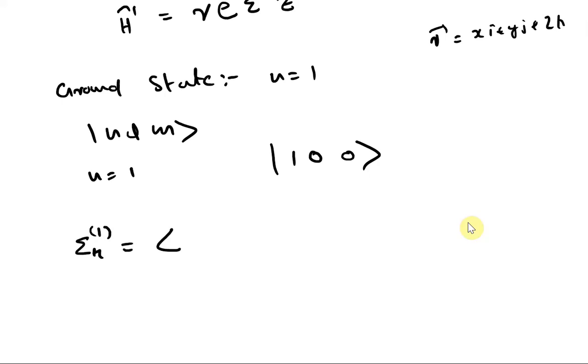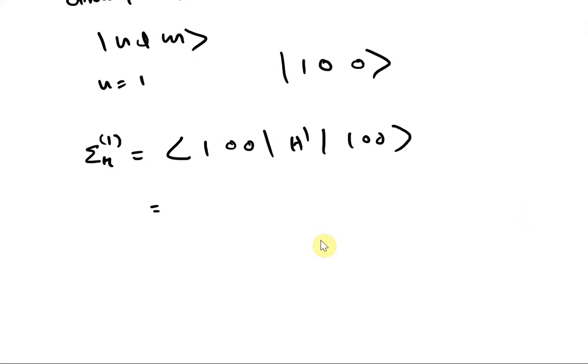This can be calculated by putting the state 1 0 0, H prime, inside 1 0 0. Whatever value you are getting is going to be the first order energy correction. You substitute that value, so you will get some value. This is the first task for you.